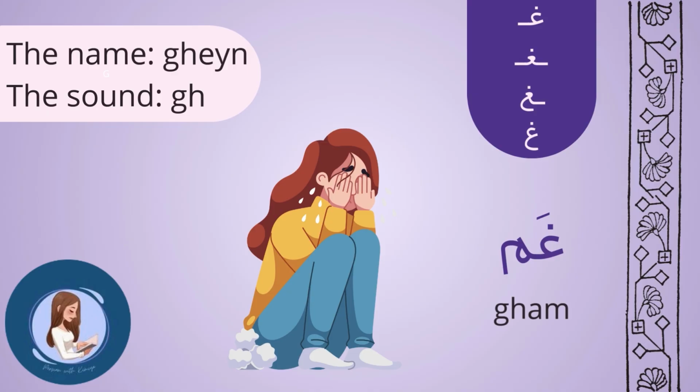So the last two are written at the end of the word, but one of them is when it is connected and the other one is when it's not connected. It will be written separately. Okay, here we have the word qam. Qam means sadness.